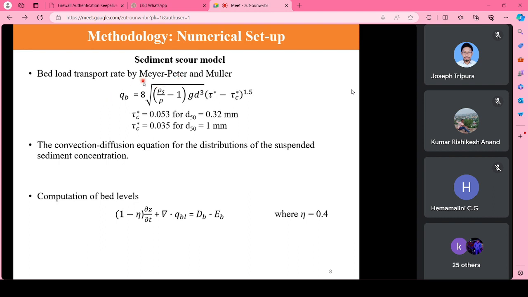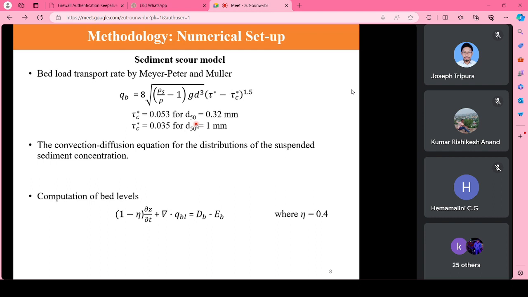Here I have chosen the Meyer-Peter and Müller equation, known by the name MPM. That is the empirical equation that computes the bed load transport, and tau star is the bed shear stress caused by the flow on the bed.